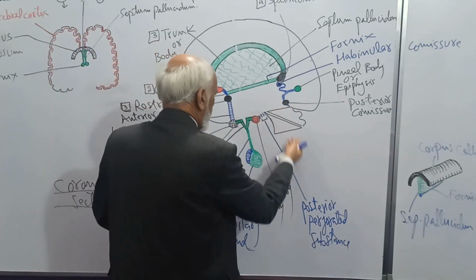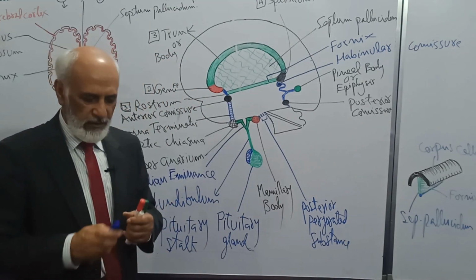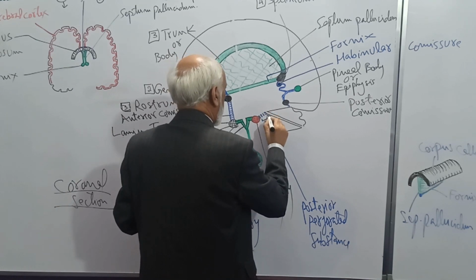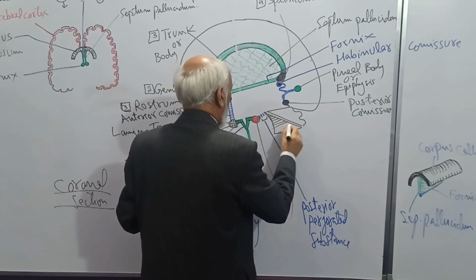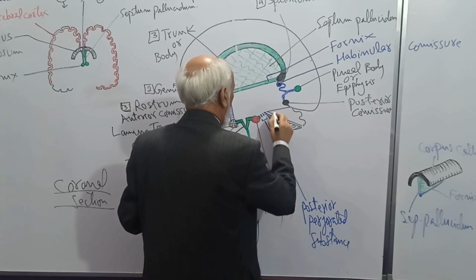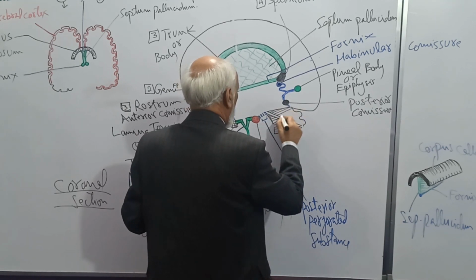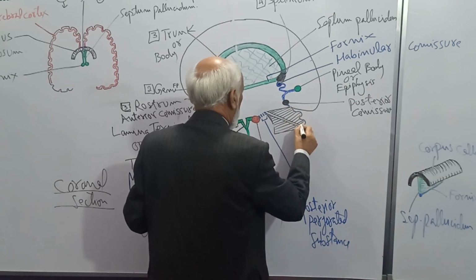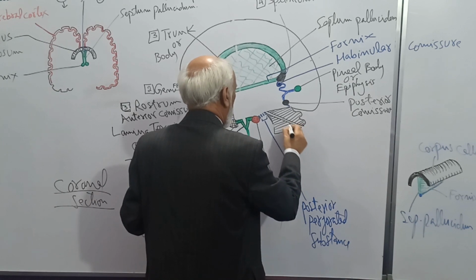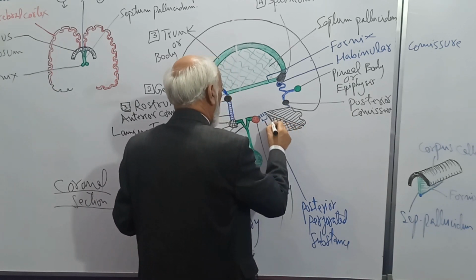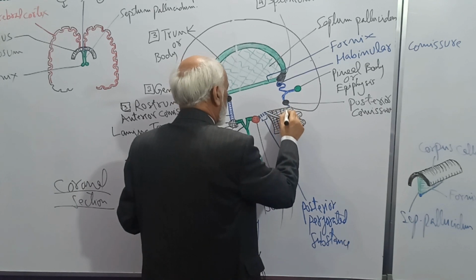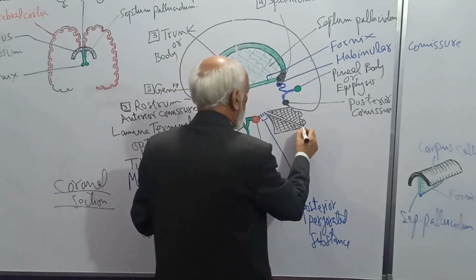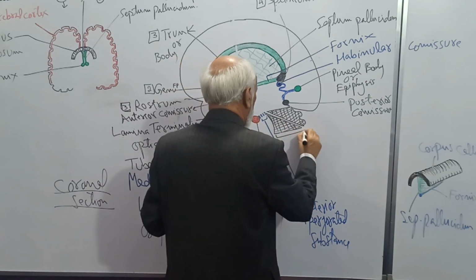Now just behind it, this is a longitudinal section passing through the midbrain. So this is the midbrain. And you know the midbrain is traversed by a canal known as the aqueduct of Sylvius.